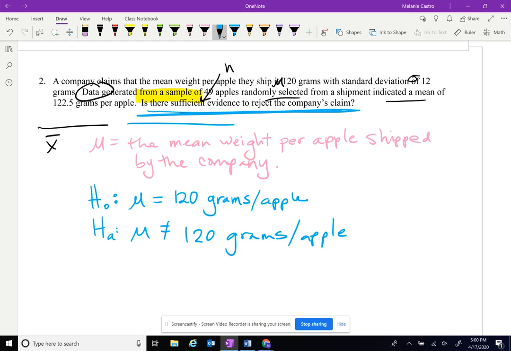All right. Now we're going to go back and name the test. This one's a little bit tricky. Technically, since you had sigma, a known sigma, you could use a z-test for means, but that's uber rare, right?